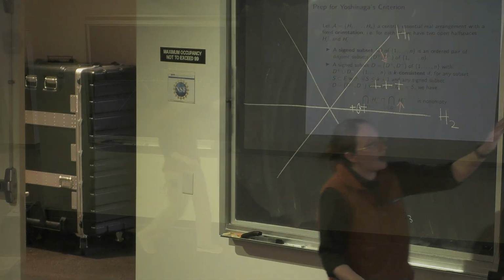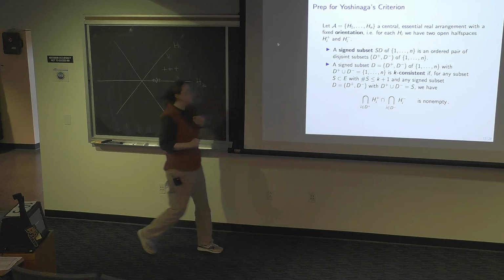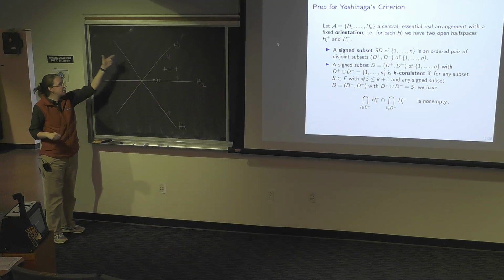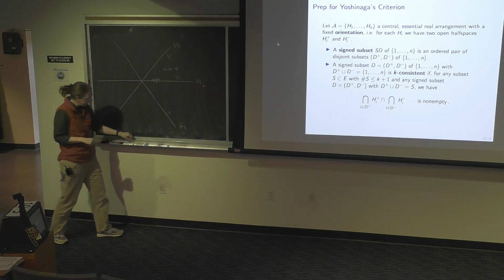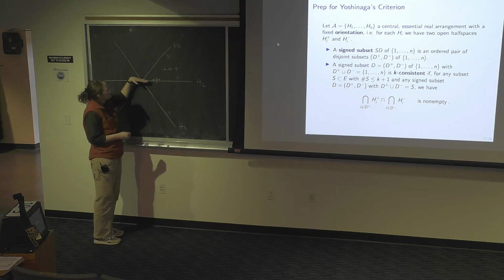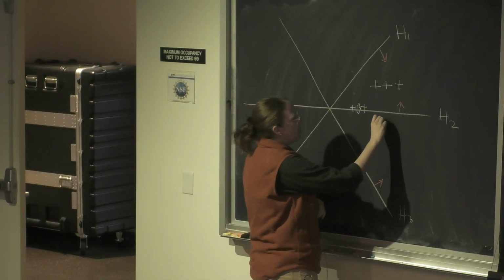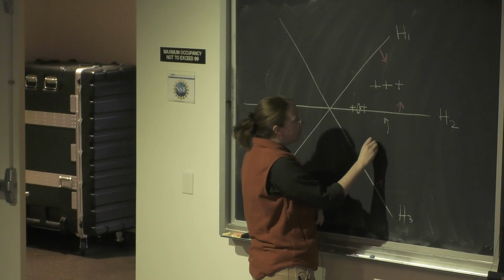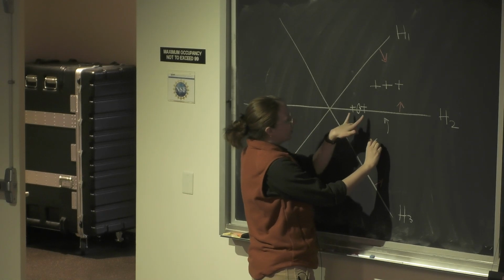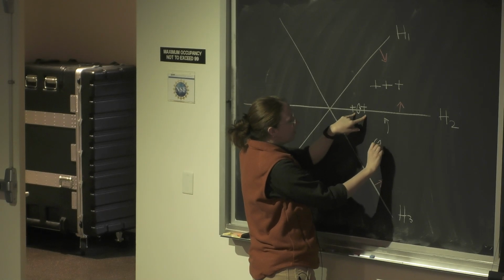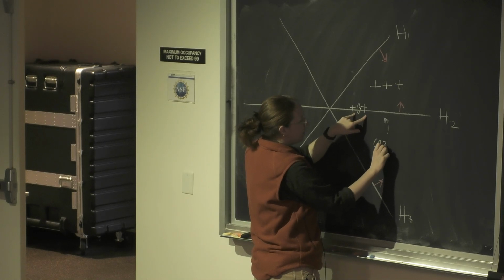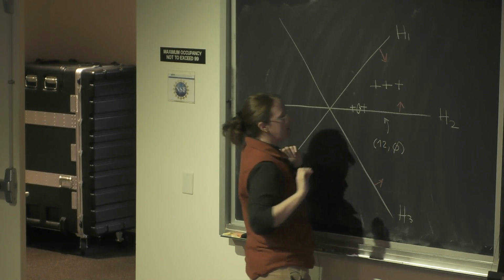So when I'm talking about a signed set, I'm trying to use some shorthand to describe these intersections. For example, this ray here, I might describe as the positive side of 1 and 2, and it's not on the negative side of anything.